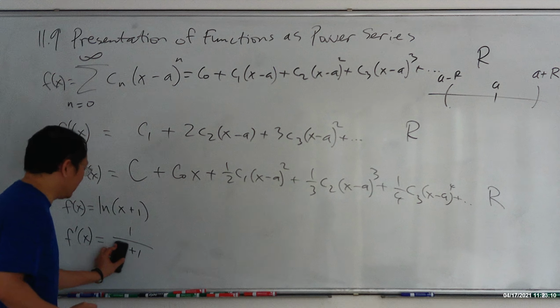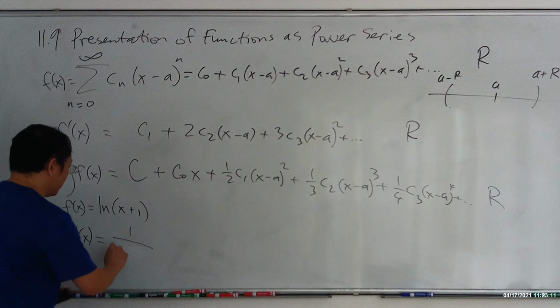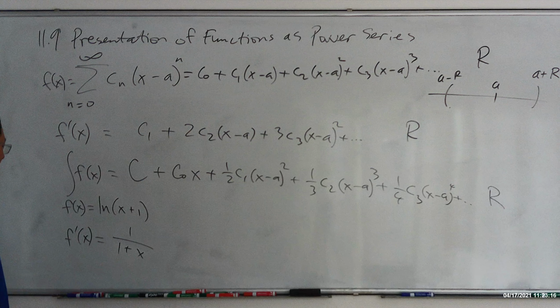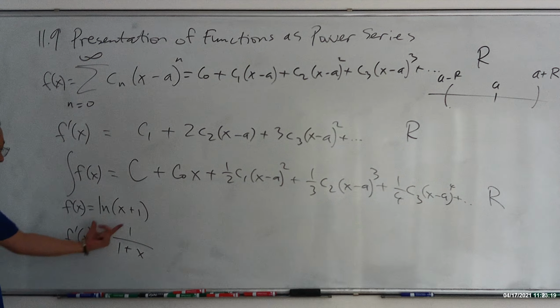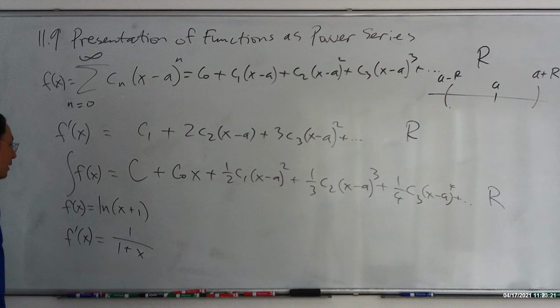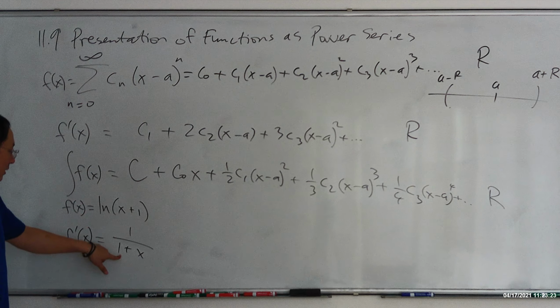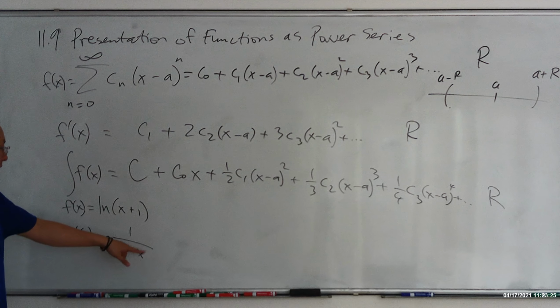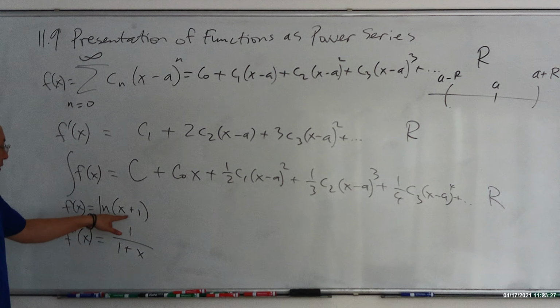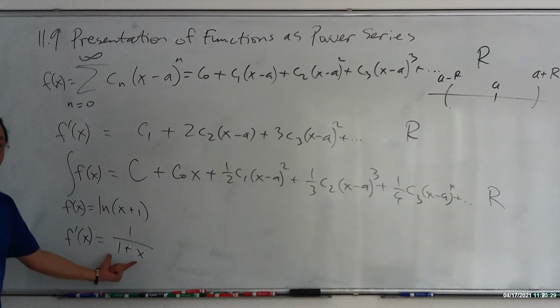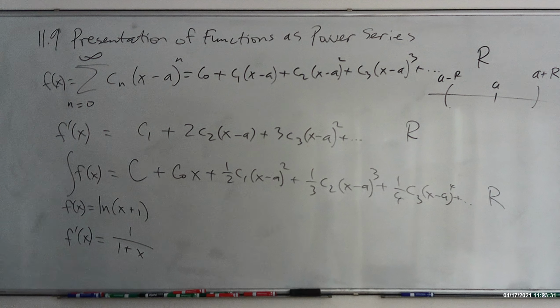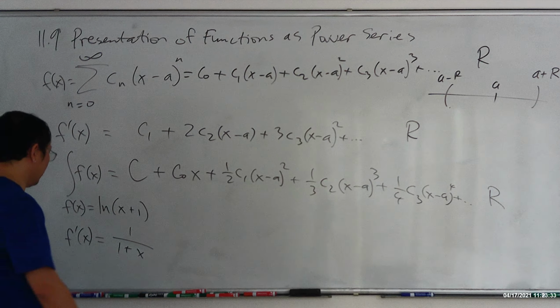Let me write it as 1 plus x, it is the same thing. Okay, it looks like the function that we have. The derivative of ln is 1 over whatever is inside the ln, so 1 plus x, and then times the derivative of x plus 1, which is 1. I'm using the chain rule. I have this. Okay, and you found the power series of this already.